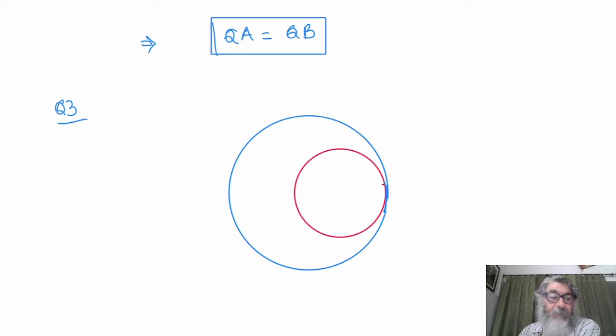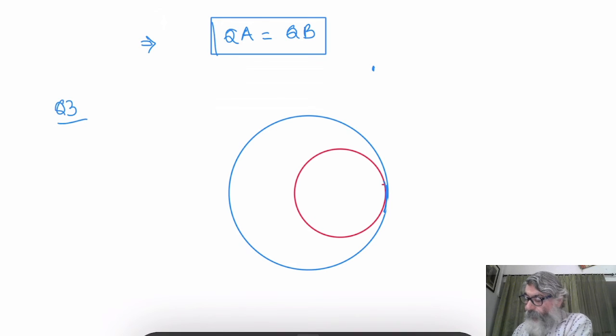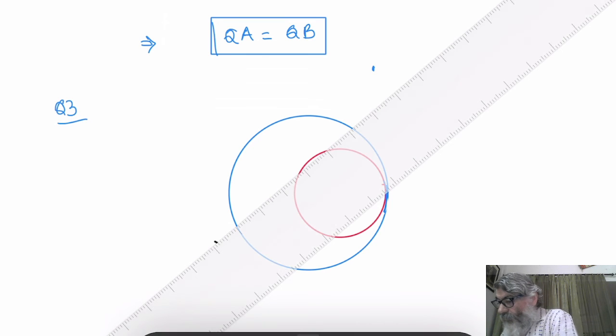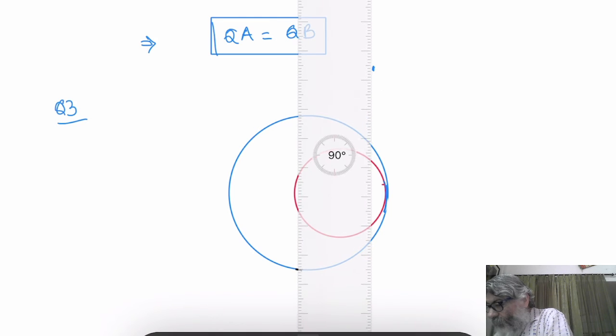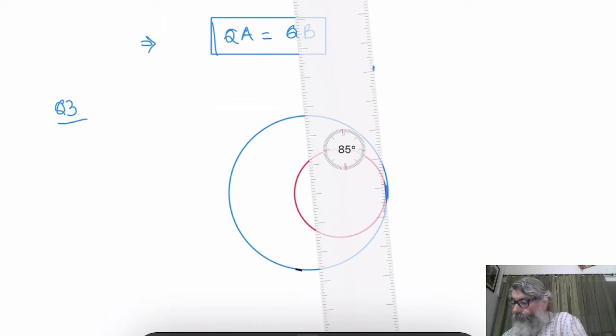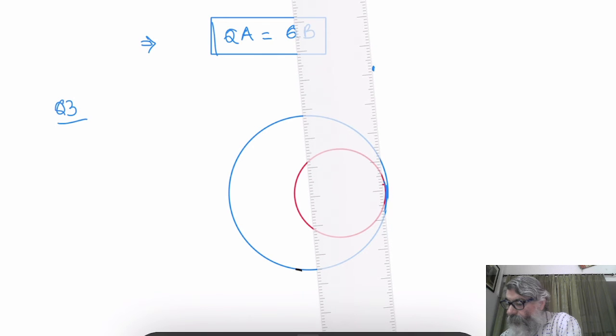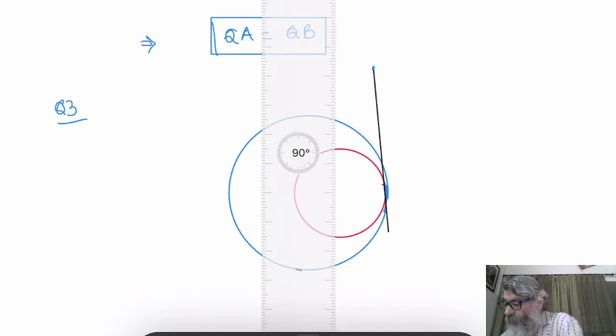They are touching each other internally, and from a point Q here, let me take the scale, from the point Q here. No, this is done wrong.